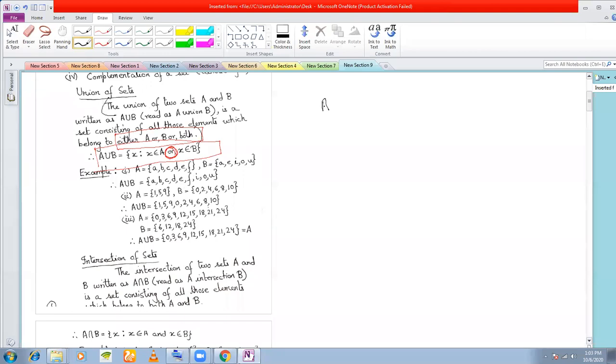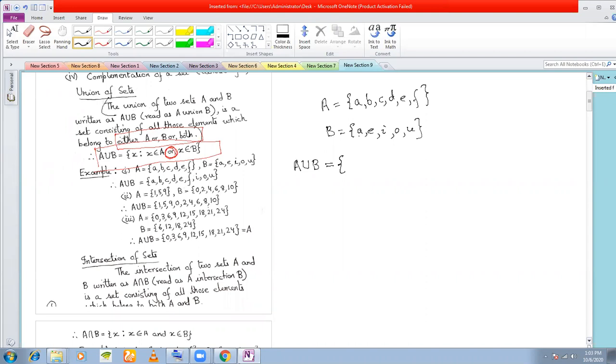Let us say I give you two sets, A and B, and I want you to find the set A union B. So union is operating on A and B. Then what will this set be? If you remember the definition, A union B consists of those elements which are either in A or B or both.